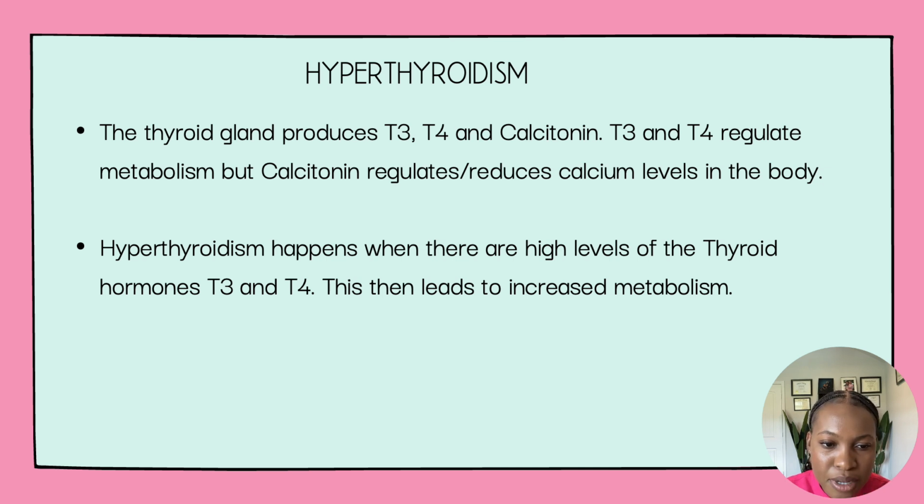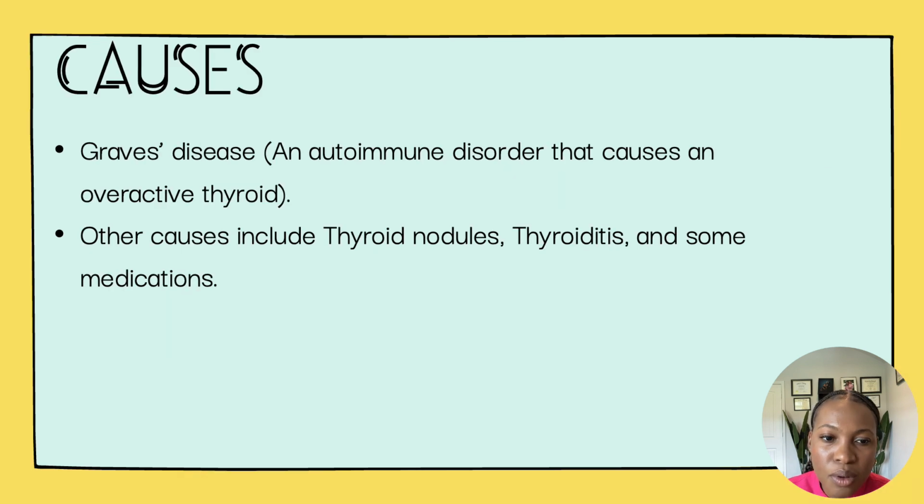Hyperthyroidism, hyper means high, thyroidism refers to the thyroid, so hyperthyroidism happens when there are high levels of the thyroid hormones T3 and T4. Now, as we said, T3 and T4 help to regulate metabolism, so if there are high levels of T3 and T4, this is going to lead to increased metabolism more than the usual body's regulation of metabolism.